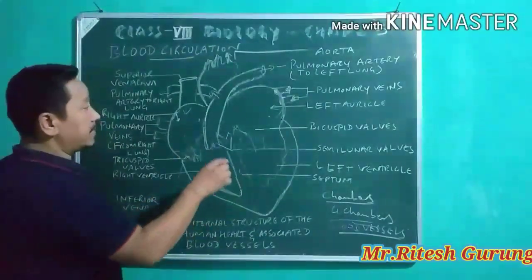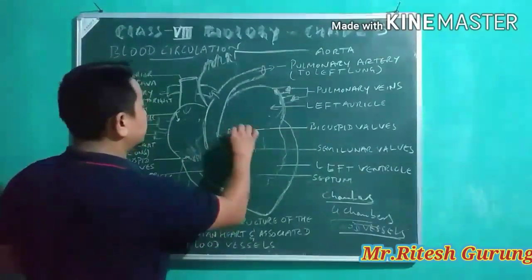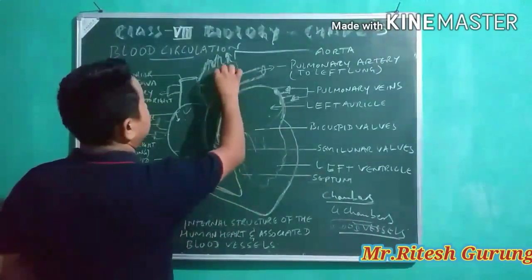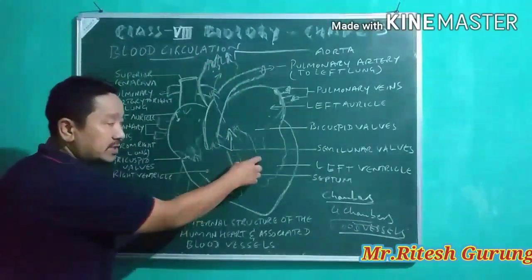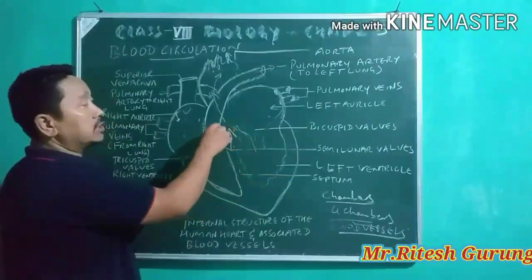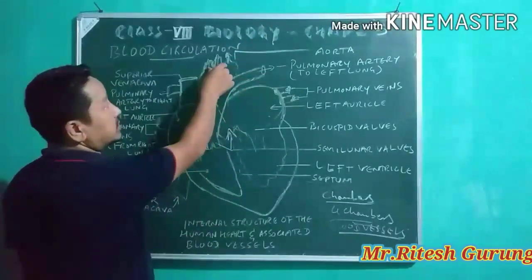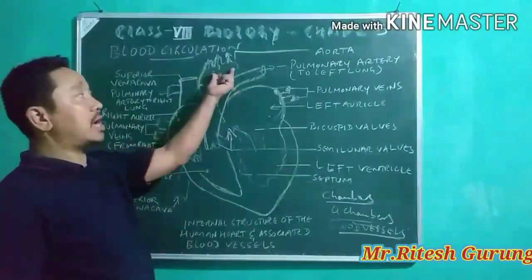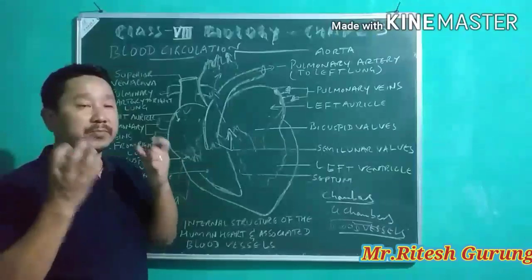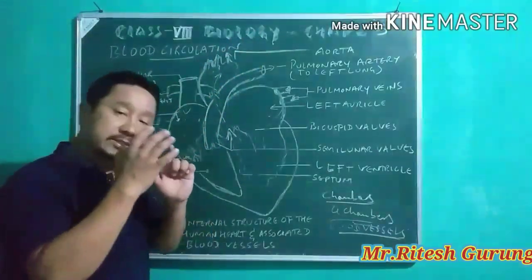You see here, it's going through here. So this is the aorta. From this left ventricle, the pure blood is pushed out to the different parts of the body through this aorta, or artery. That means this artery will carry the pure blood from the left ventricle to the different parts of the body.